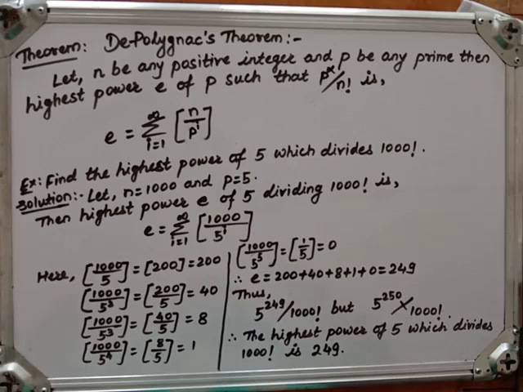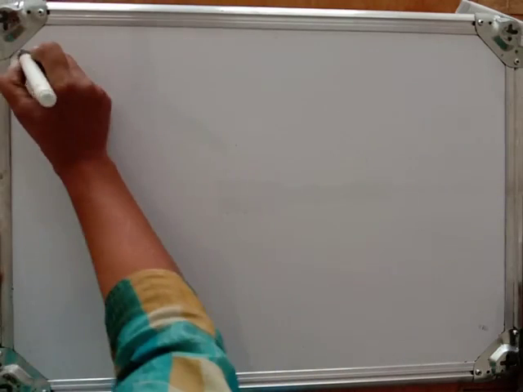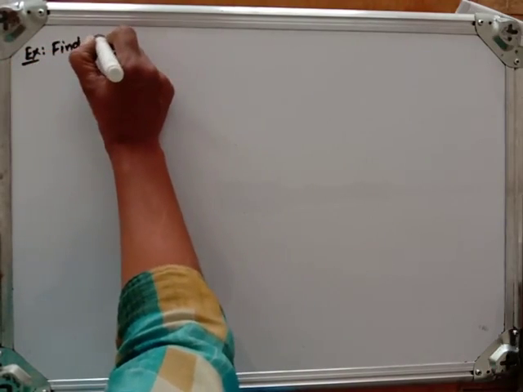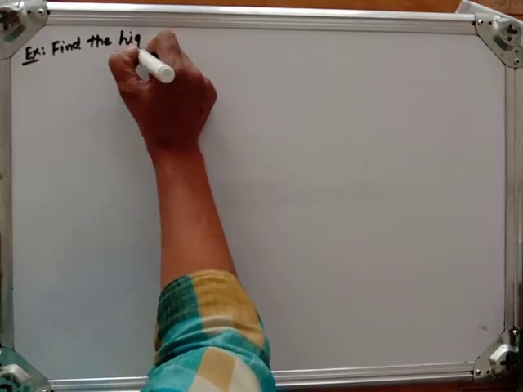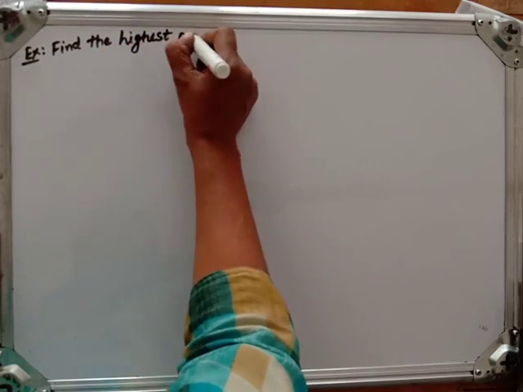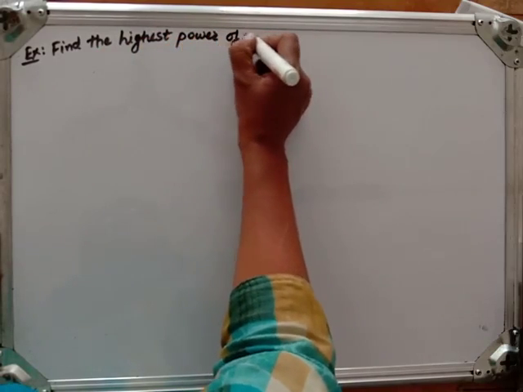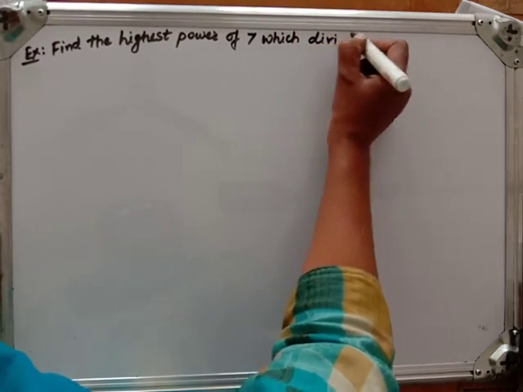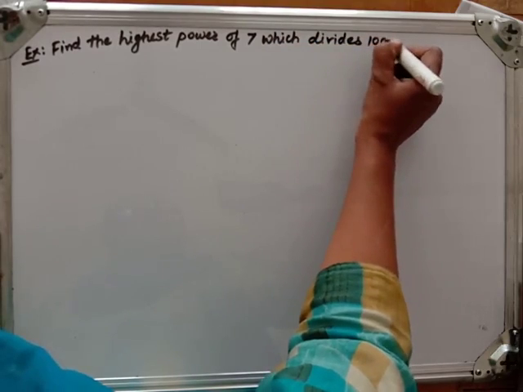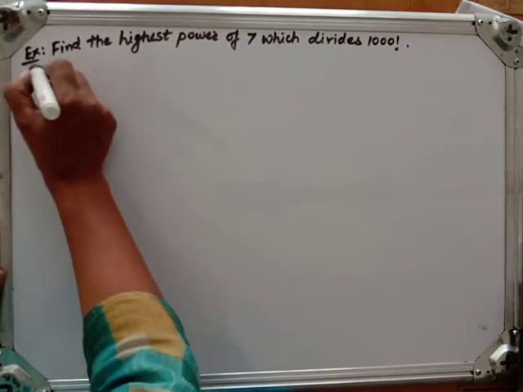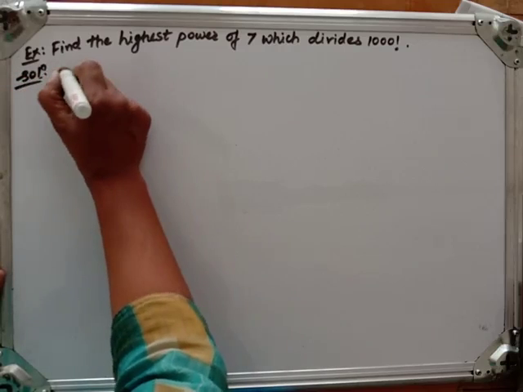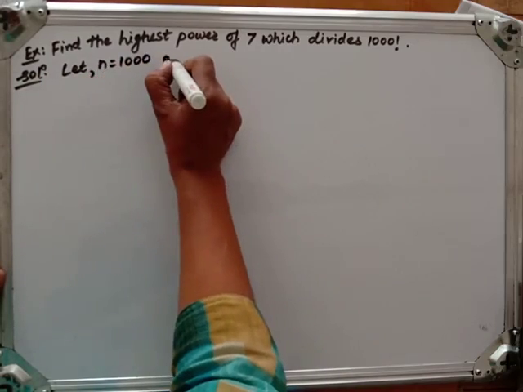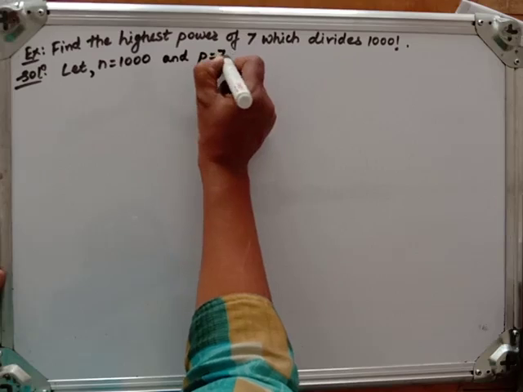Okay, now let's take the next example. Find the highest power of 7 which divides 1000 factorial. So solution: let n equal to 1000 and p equal to 7.